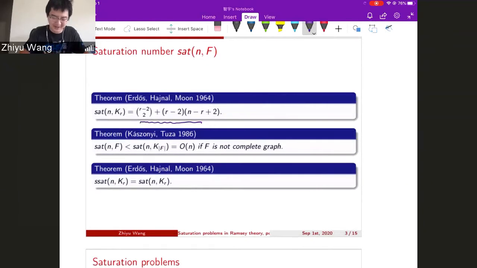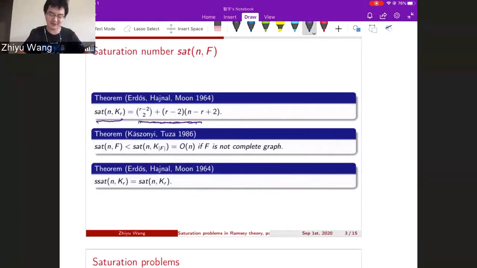So where does this number come from? In order to prove an upper bound for the saturation number, all we need to do is give a construction of a graph that is F-saturated. Because the saturation number is the minimum size of an F-saturated graph, that construction gives an upper bound.